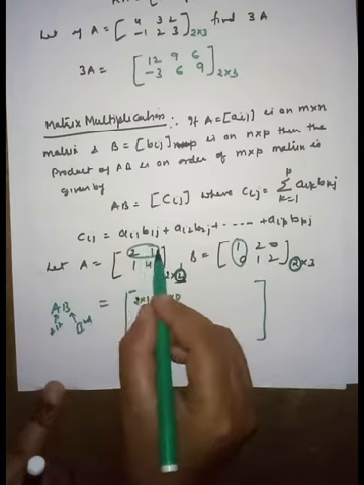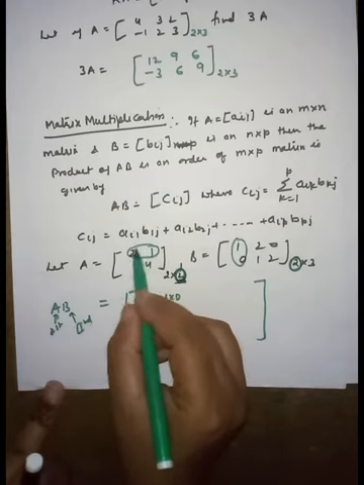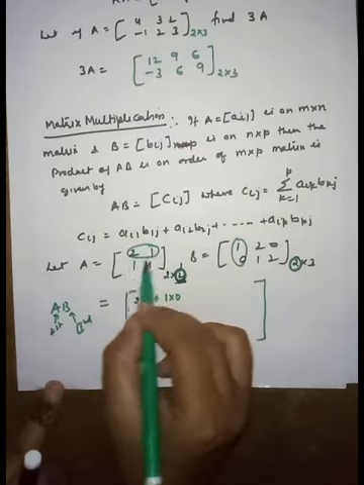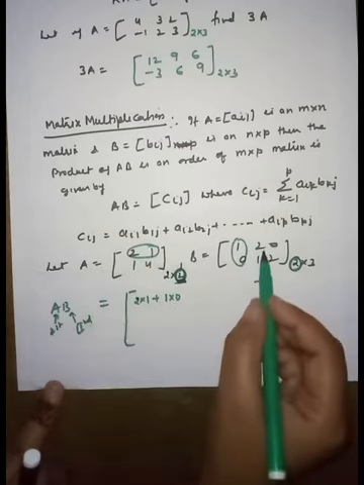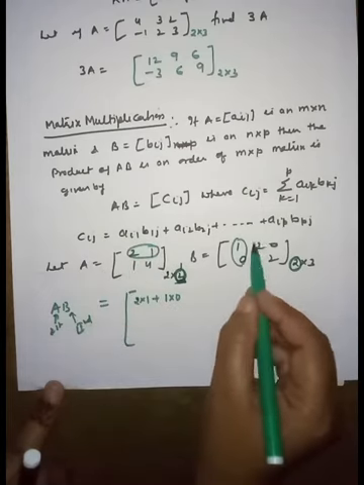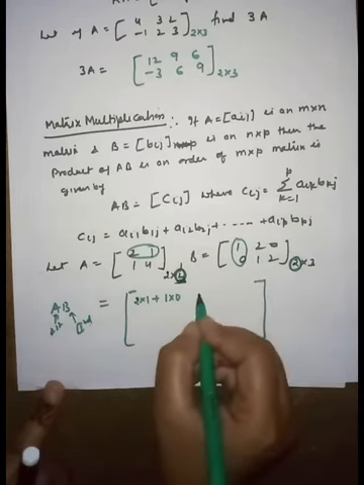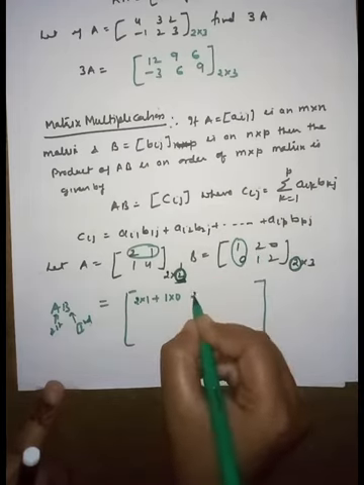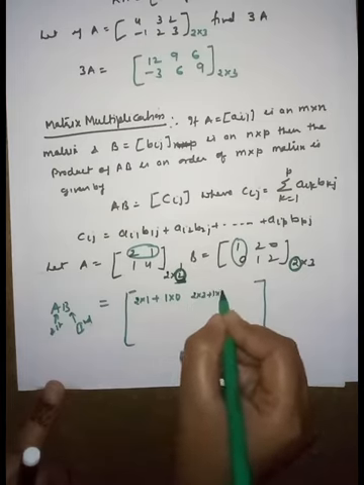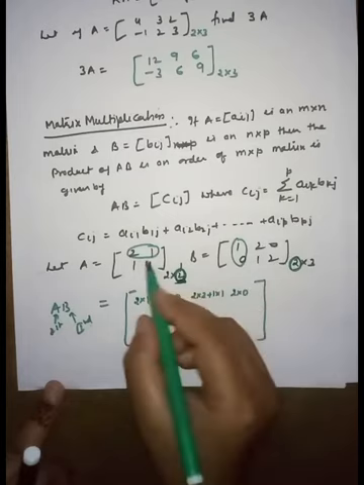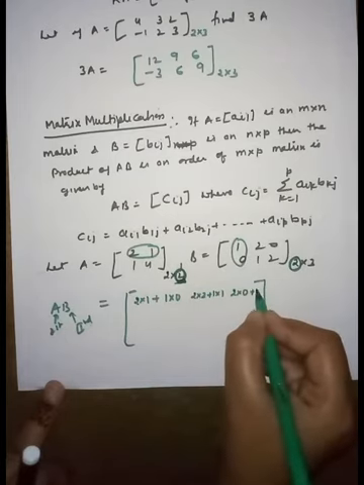Now again, the first row of the first matrix multiplied by the second column of the second matrix. So what value comes? 2 cross 2 plus 1 cross 1. Similarly 2 cross 0 plus 1 cross 2.